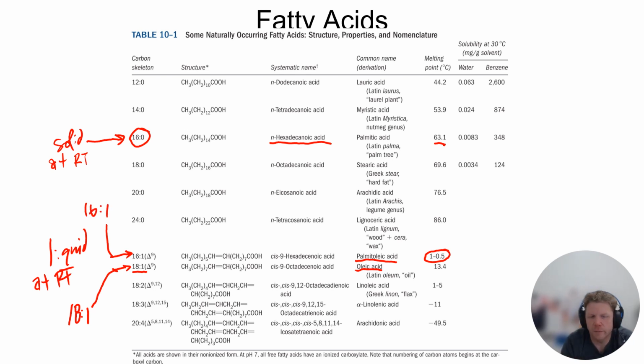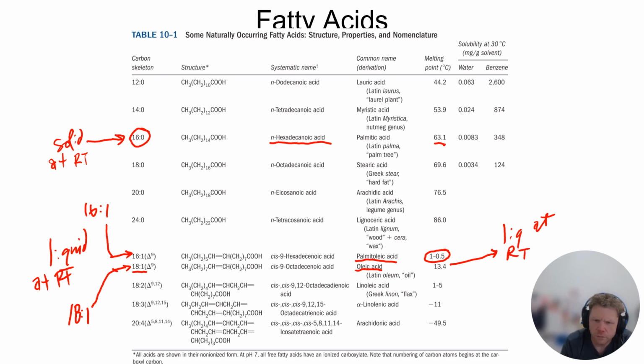That 16 carbon long molecule is a liquid at room temperature with a melting point at about 1 degree Celsius. Then our 18:1 oleic acid, that is also a liquid at room temperature.